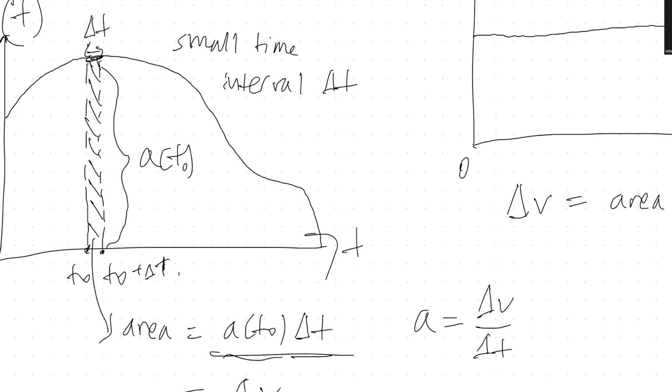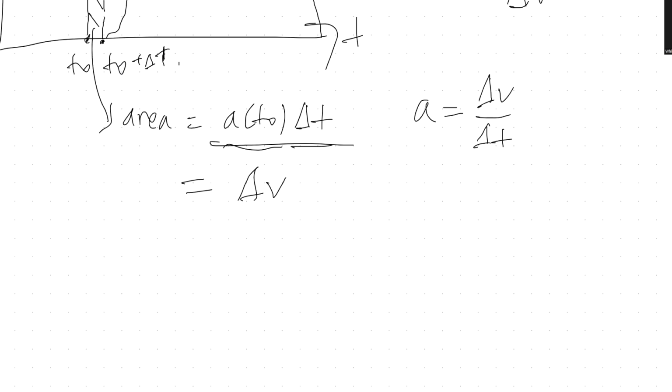So in this time interval delta t, your object's velocity will change by delta v, equal to your acceleration at that time times delta t.